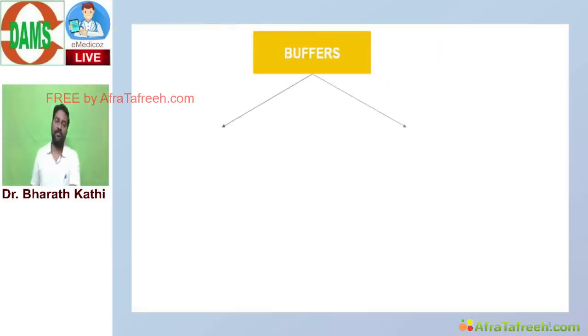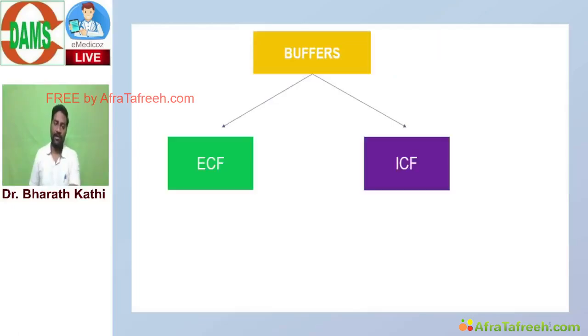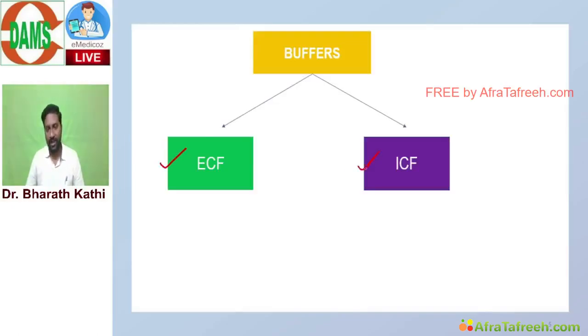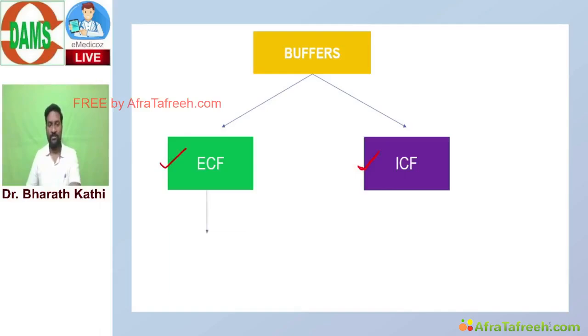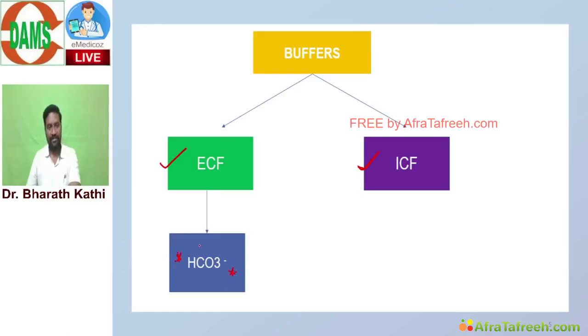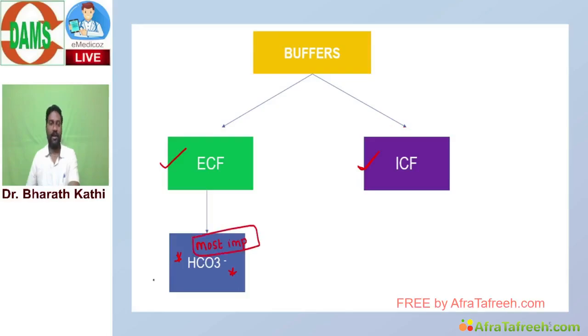These chemical buffers can again be divided into those important in the extracellular fluid and those important in the intracellular fluid. In the extracellular fluid, the most important is bicarbonate. If they ask you what is the most important buffer in the extracellular fluid, you should know it is bicarbonate.